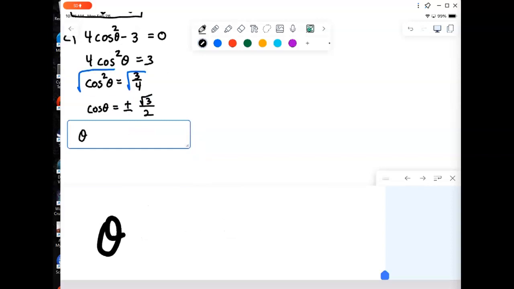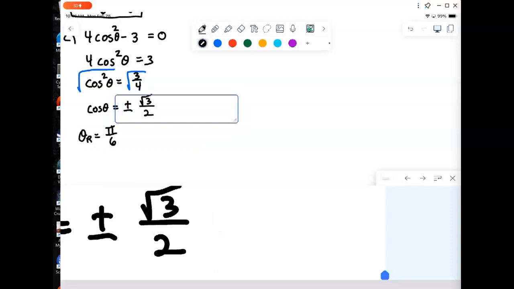The process still doesn't change. We still want the reference angle. One angle between 0 and 90 degrees will give us a cosine of square root of 3 over 2. This is where, again, it's so important that you memorize those exact values for sine and cosine at least. We remember that that would be pi over 6. Sine of pi over 6 is 1/2, so cosine is the other way around, square root of 3 over 2.